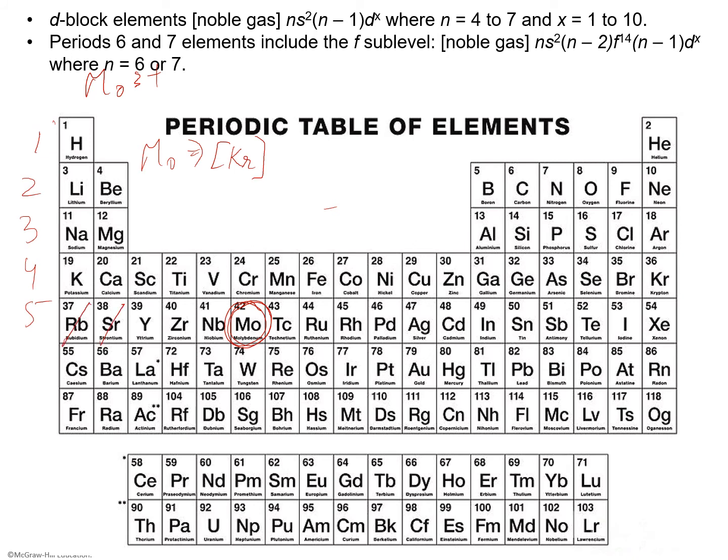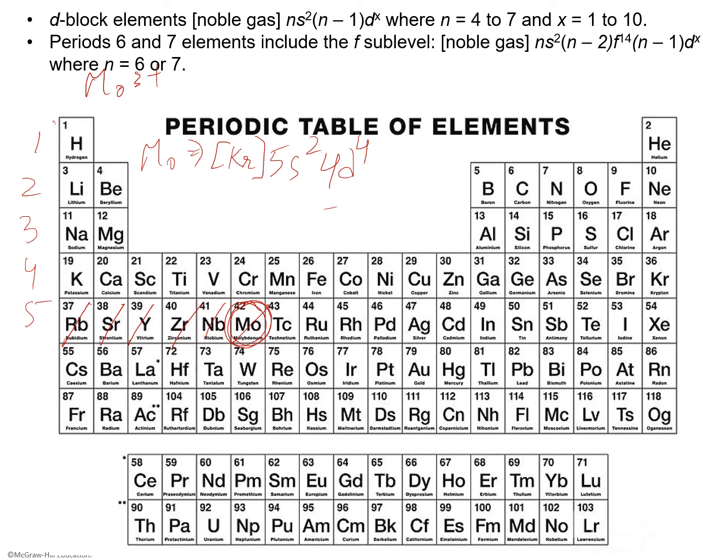What is the shell number? 5. So it's going to be 5s2. Next I cross the d orbitals right here. So d is going to be 1, 2, 3, 4. So the d orbital consists of 4 electrons and the number in front is going to be 5 minus 1, which is 4. So 4d4, 1, 2, 3, and 4 electrons.